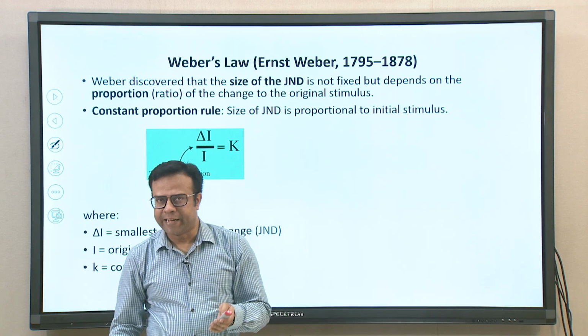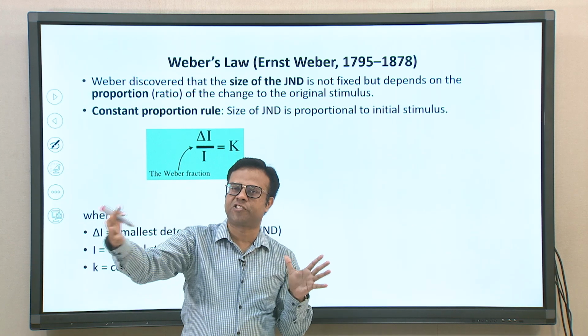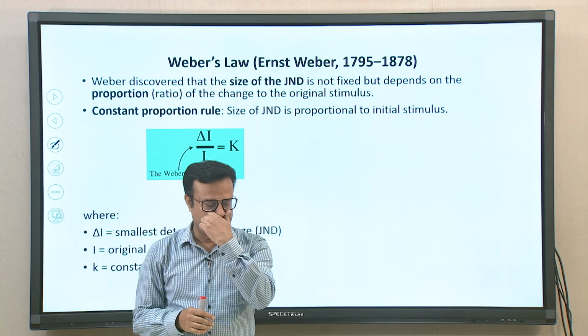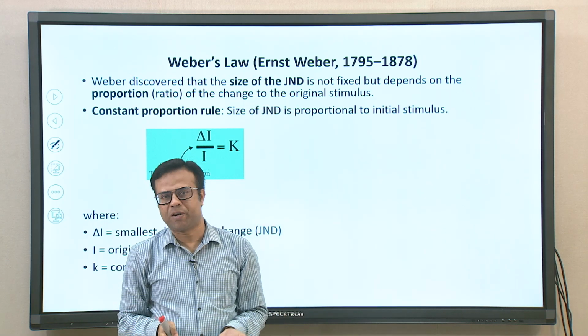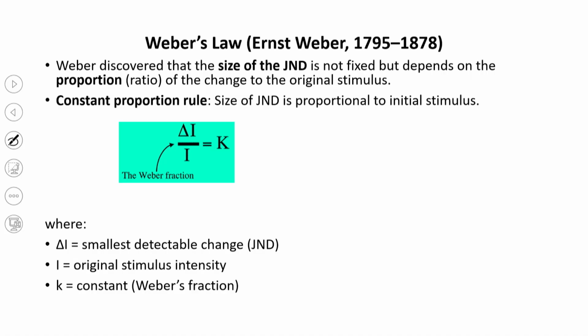Now, there is a law in that. There is a pattern in the difference threshold that is noticed, which is formalized in terms of Weber's law, because it was proposed by Ernst Weber. This law is about just noticeable difference or difference threshold. Weber's law says that the size of the difference threshold or just noticeable difference is not fixed. It is not that for weight, if I add 10 gram, for every weight I add 10 gram, this is not the truth.